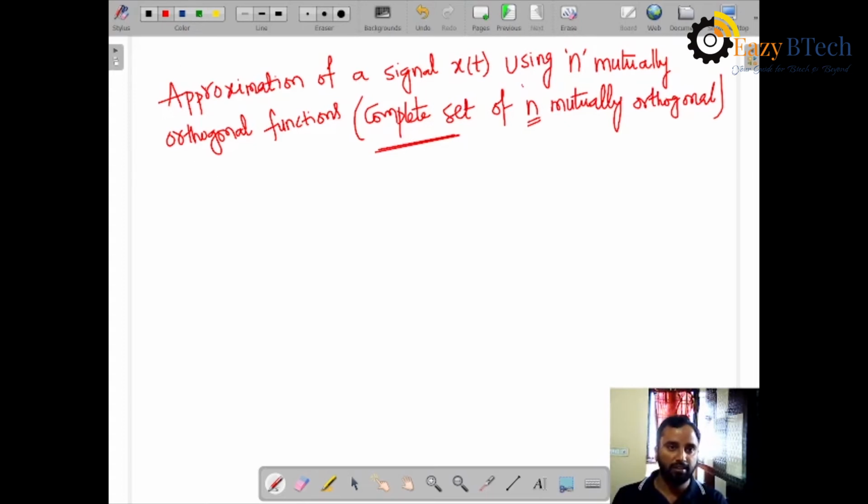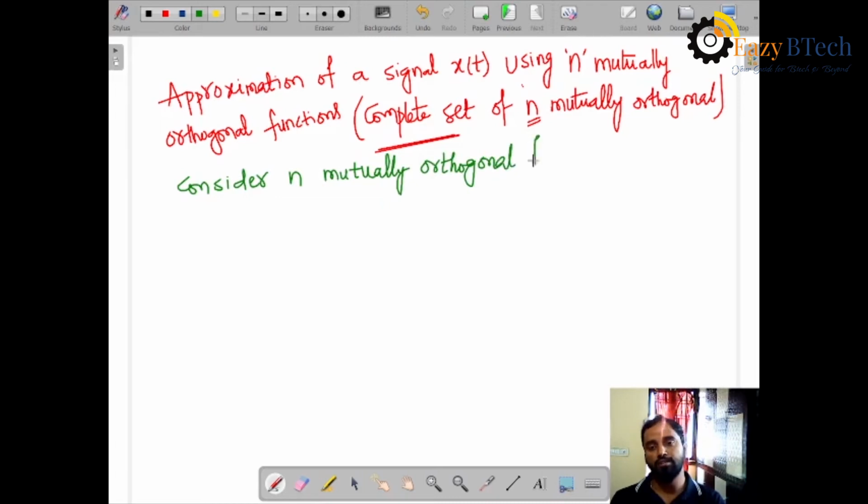So consider n mutually orthogonal functions over the interval t1 to t2.